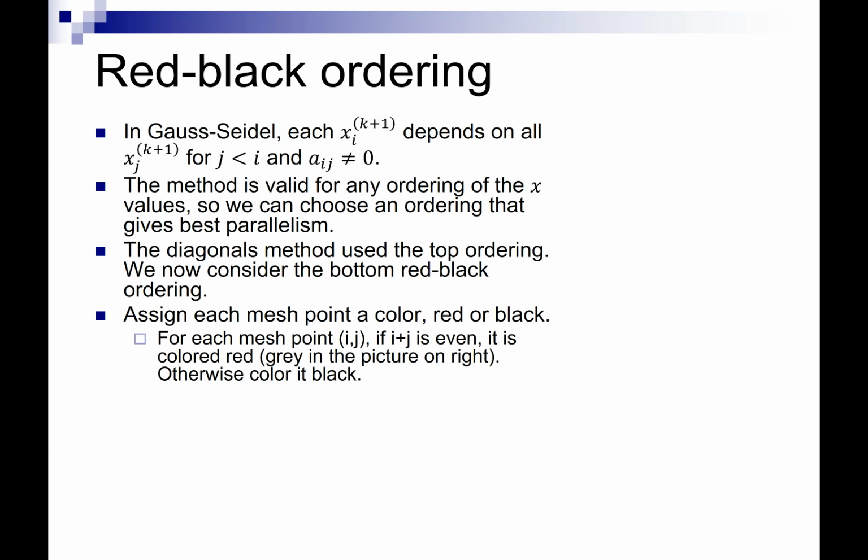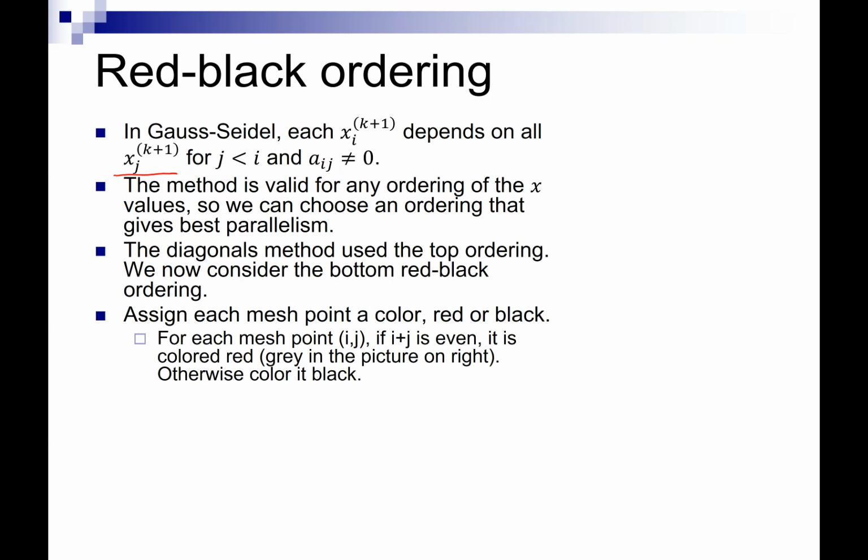Since we're always computing these in iterations, k, then k plus 1, then k plus 2, when you're computing x of k plus 1, you have all of the values for x of k. So the only things you're worried about are these x of k plus 1 values for j less than i, and if a_ij is not equal to 0, because if a_ij is equal to 0, then when you multiply this a_ij value by x_j, that's 0.